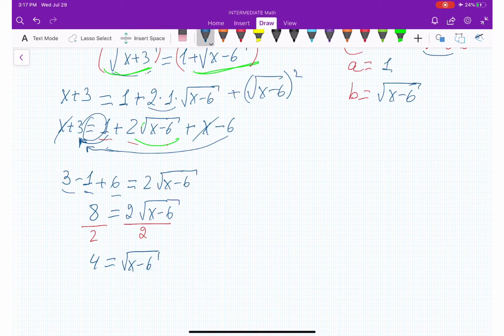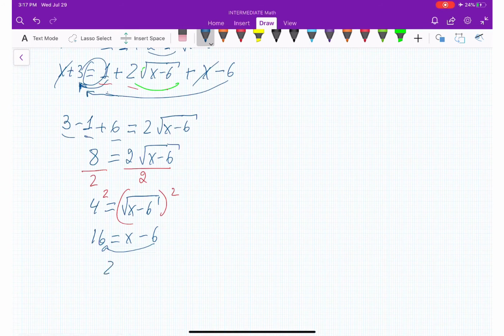All right. Let's square this easily. We know already, right? I'm squaring this, and I'm squaring this. And the answer will be 16 equals x minus 6. Okay, moving this negative 6 to this side will be positive. And I'm getting 22 is equal to x.